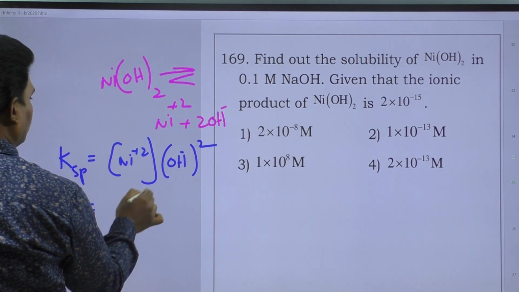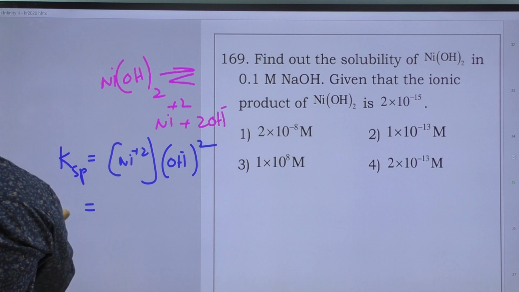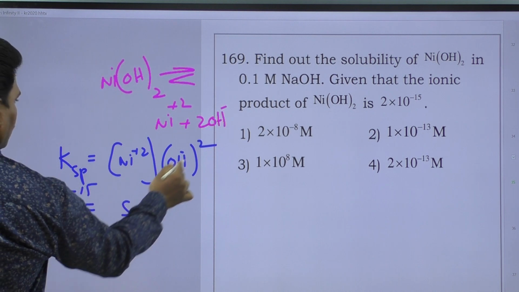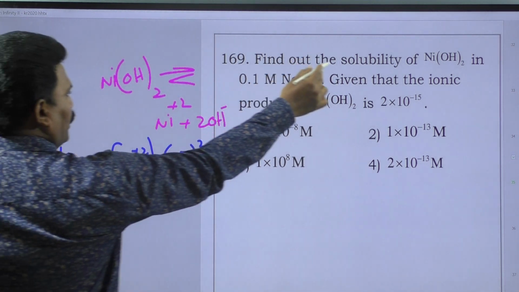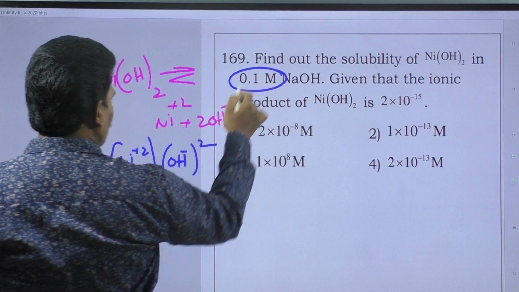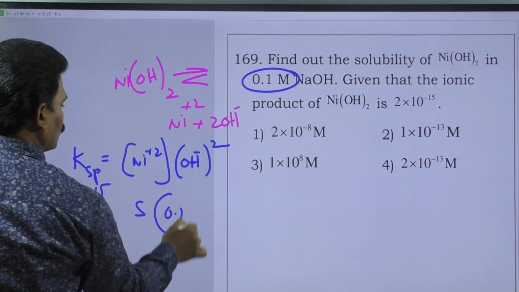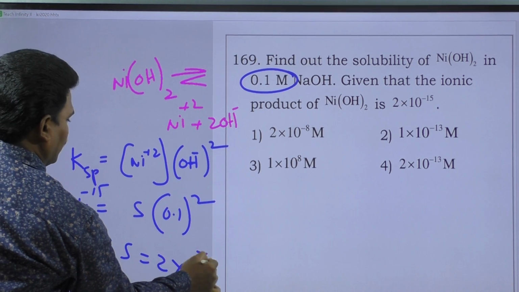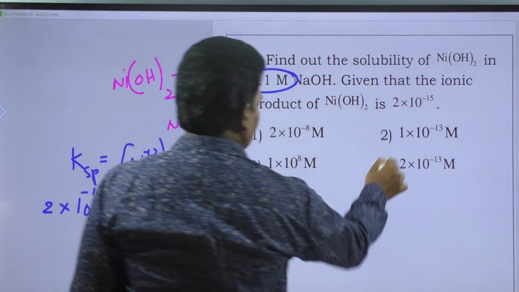Here Ksp is 2 into 10 power minus 15, and S is the solubility. The common ion in NaOH and Ni(OH)2 is OH minus, so its concentration is 0.1, whole squared. Therefore the solubility is equal to 2 into 10 power minus 15. So the answer is the fourth option.